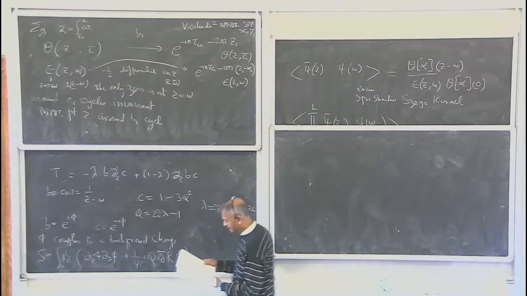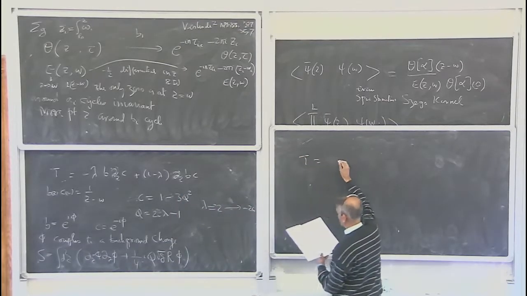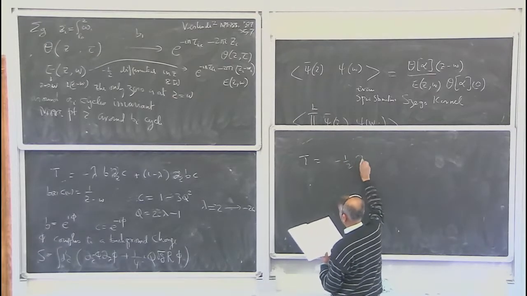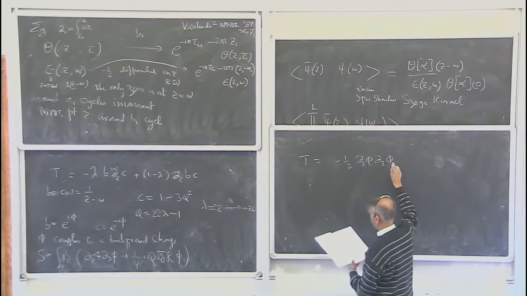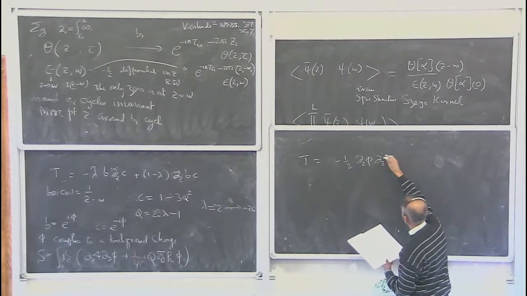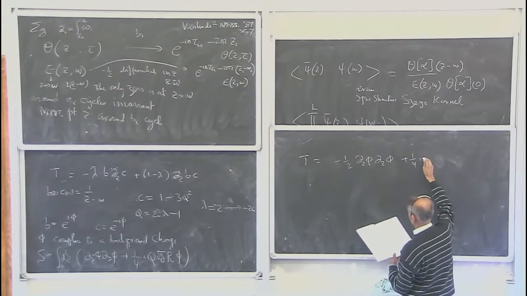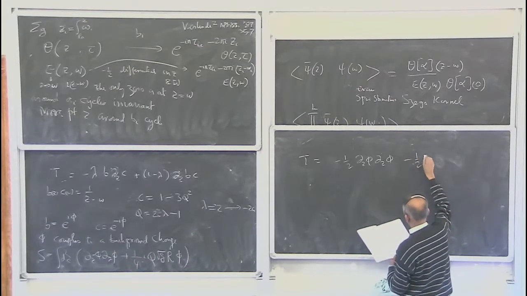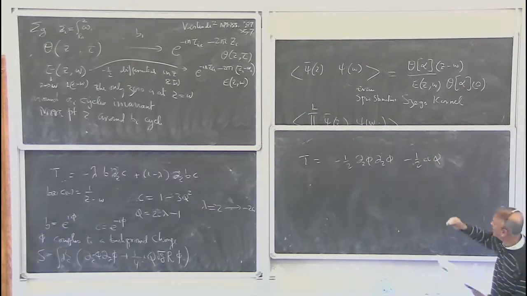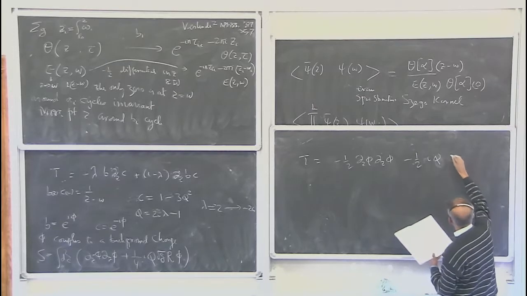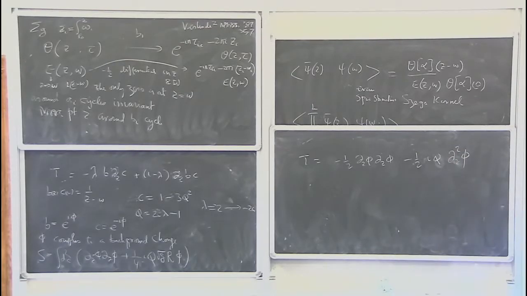So you can write down the stress tensor, and it happens to be T equal to minus 1/2 ∂zφ ∂zφ plus, no, minus 1/2, sorry. I mean, these numbers, I'm not 100% sure. You should check it. iQ ∂z²φ. Okay.